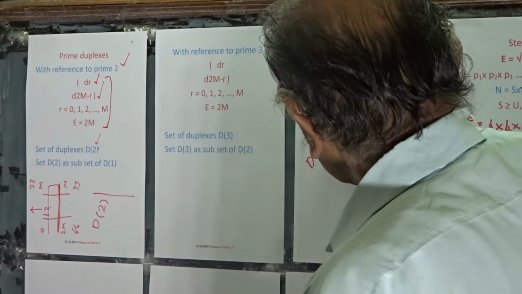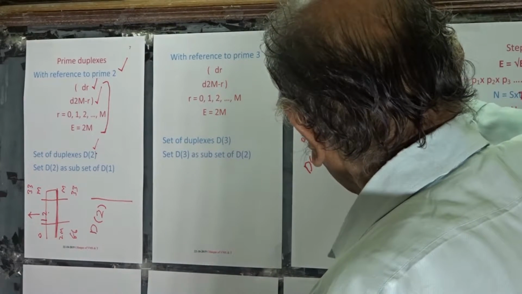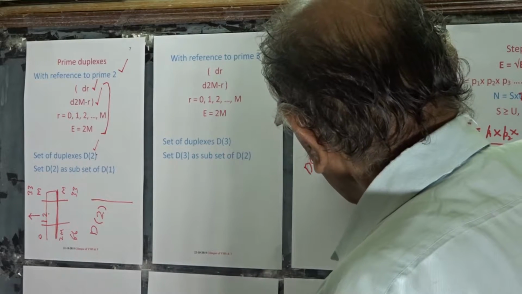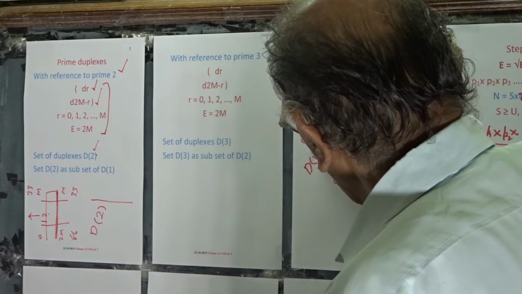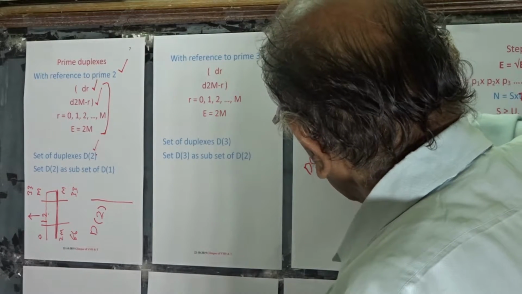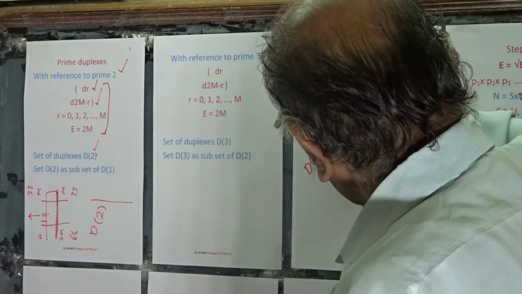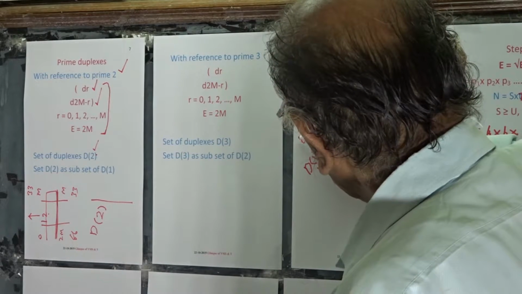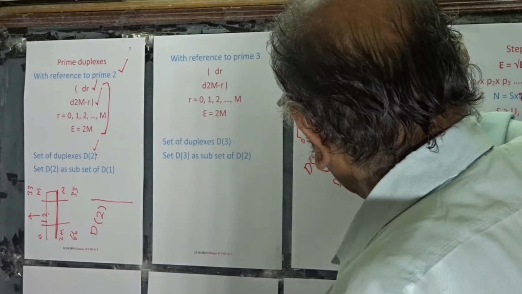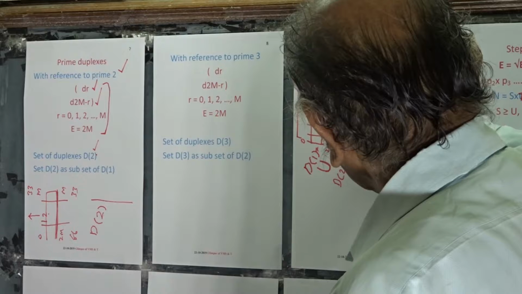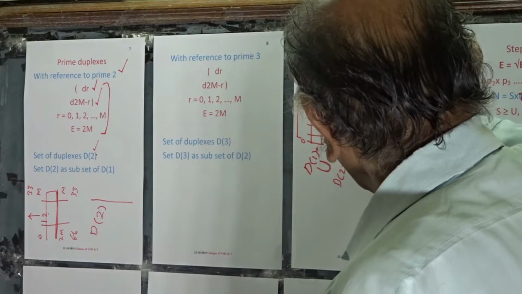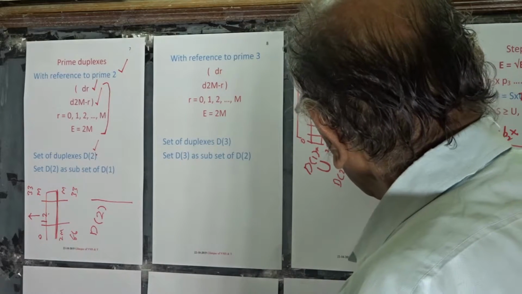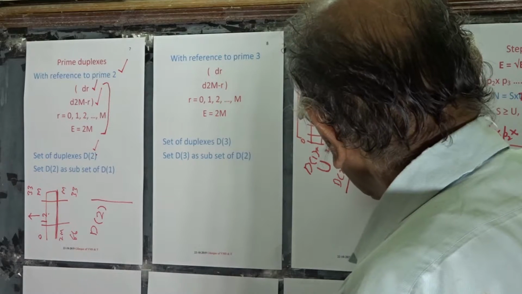Out of these duplexes, we will be having a set D2 as a subset of D1 such that the duplexes which are having 2 as a factor for values 0 to m or 2 as a factor for the range 2m to m, those duplexes will be taken as D2.